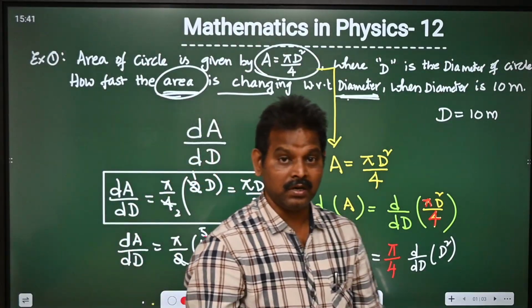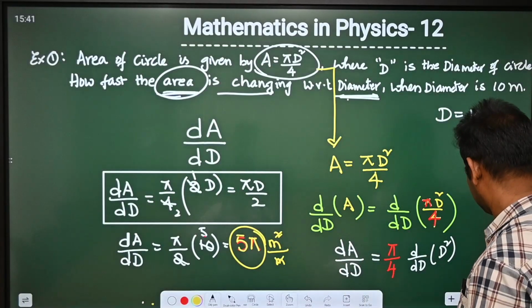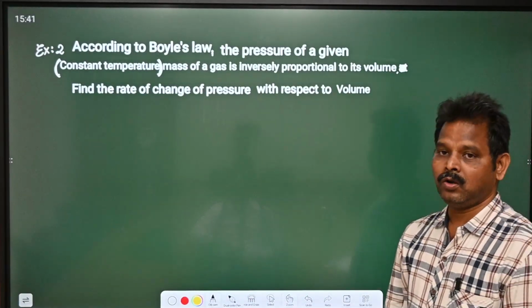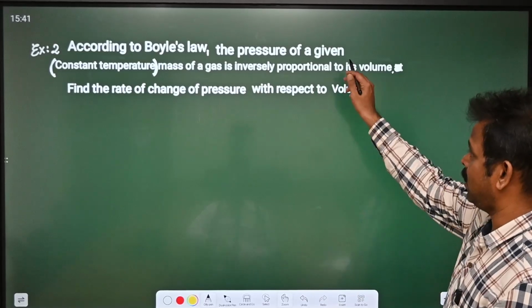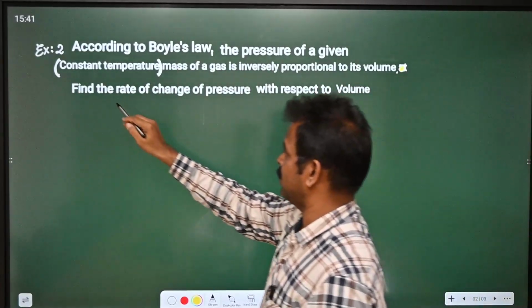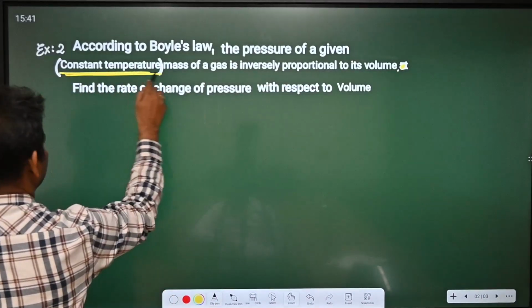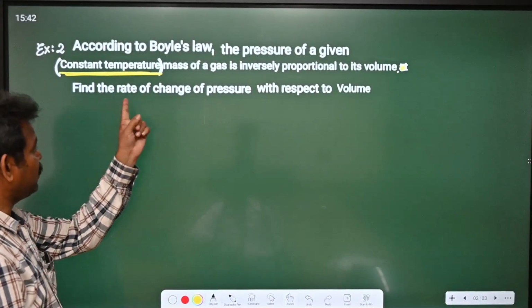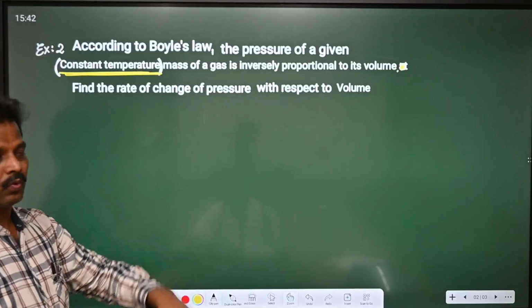Now we will see the next problem. According to Boyle's law, the pressure of a given mass of gas is proportional to its volume, and remember it is true only if the temperature is constant. Find the rate of change of pressure with respect to volume.